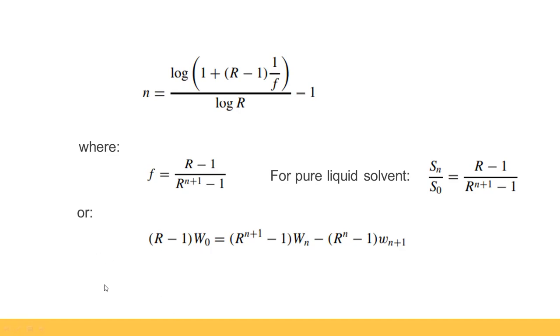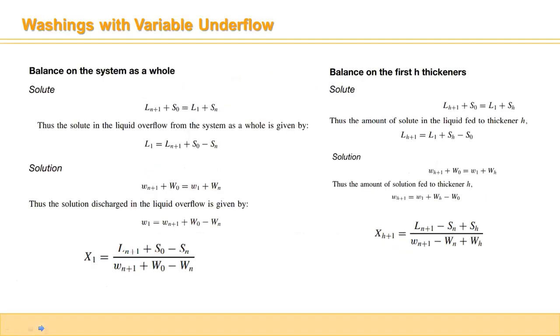How you go about determining the concentration of the nth thickener will start with the concentration of the first, the second, the third, until you reach a particular concentration that is comparable to the one that you have pre-calculated. You will know as we process a particular sample problem later on.